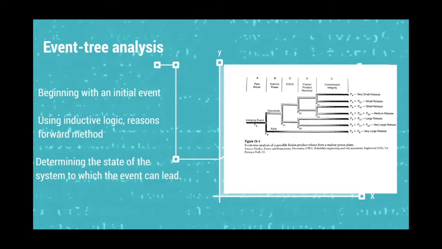Possible failures are next defined for each system, and accident sequences are constructed, consisting of an initiating event with specific systems failing and specific systems succeeding. For example, the probability of both a pipe breaking and the corresponding loss of electrical power to the plant is PA multiplied by PB, which would lead to a very large release of radiation.